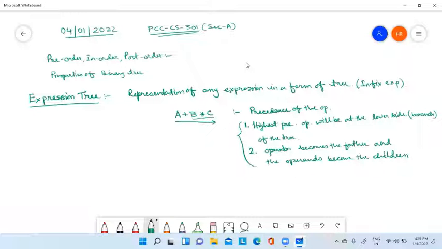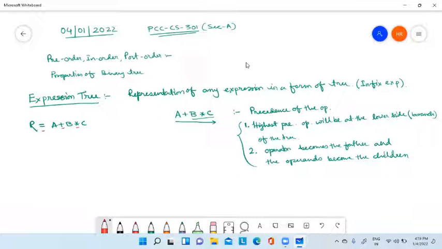Okay, so suppose an expression is written like this: r equal to a plus b into c. Now, according to precedence, there are how many operators? There are one, two, three different operators.